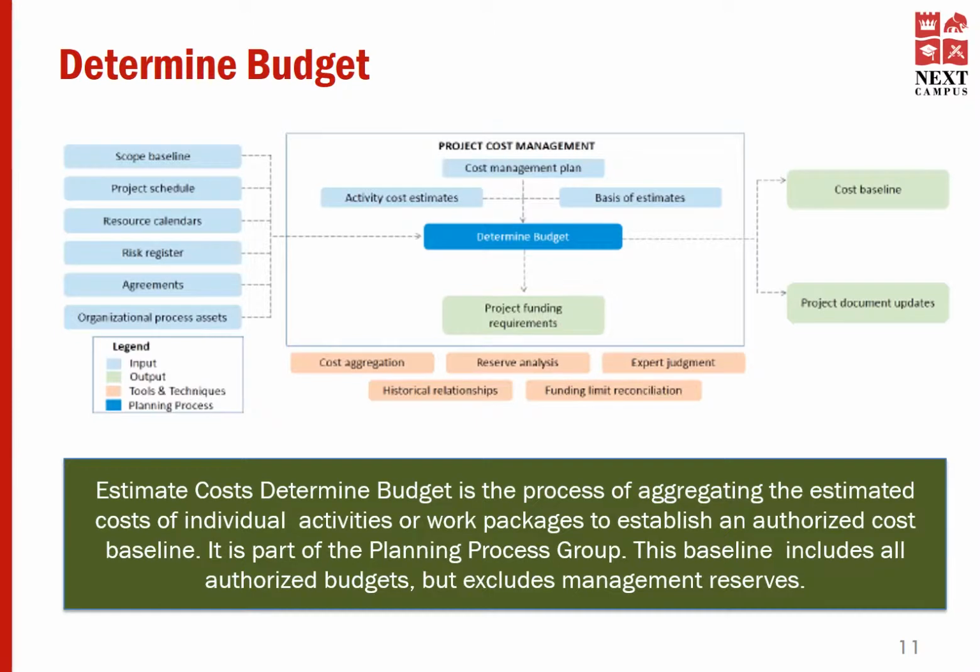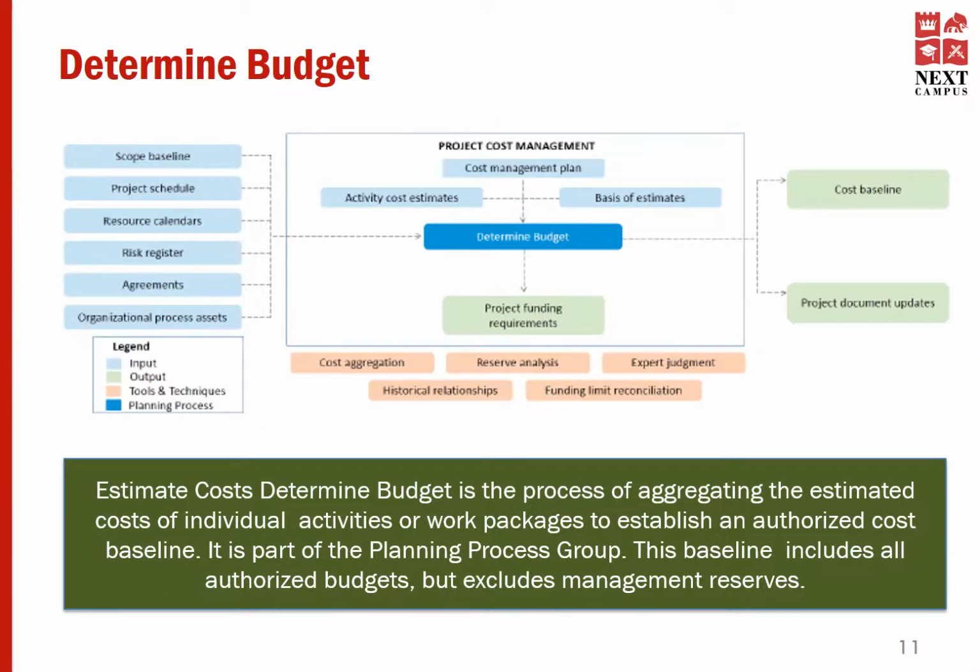This is where the control account concept comes into picture. The estimated cost of the activities are aggregated to arrive at the cost budget at the control account level. Once approved, the cost budget becomes the cost baseline of the project.